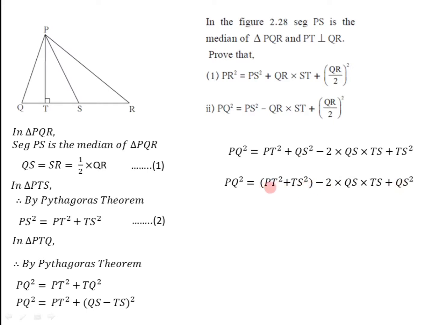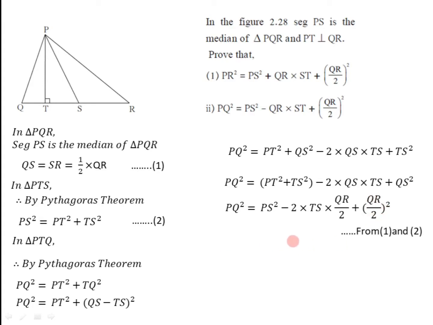Now again, if we observe, instead of PT square plus TS square, we can write PS square. This is from equation number 2. And instead of QS, again we can write QR divided by 2 from equation number 1. So instead of QS, we have written here QR divided by 2 plus, instead of QS square also, we have written here (QR divided by 2) bracket square.